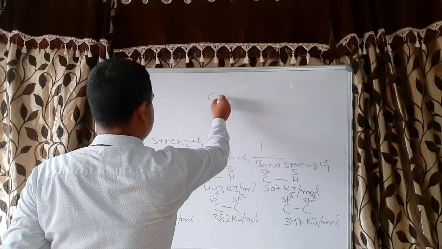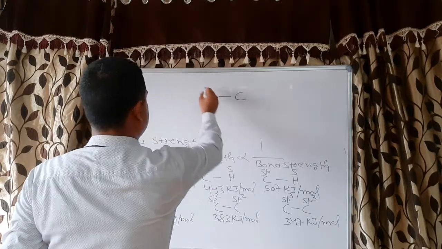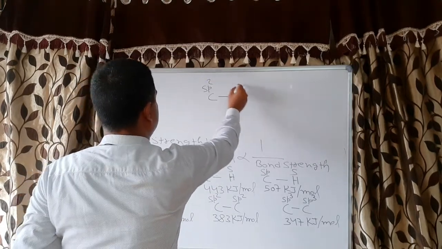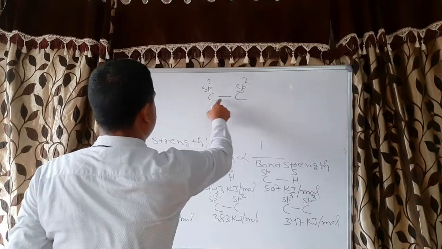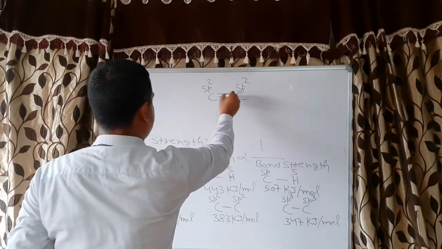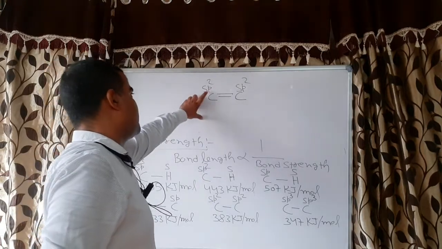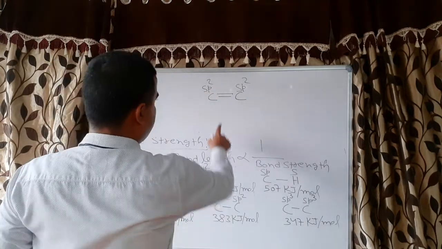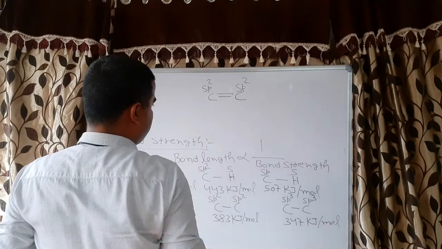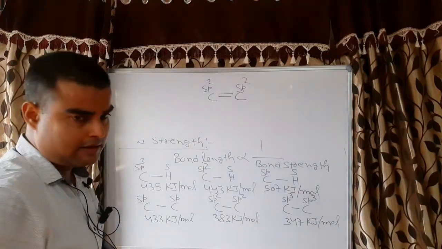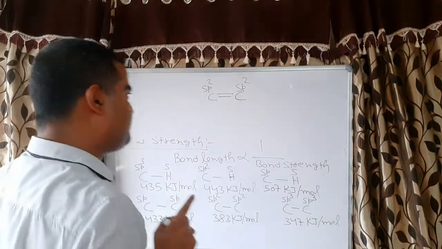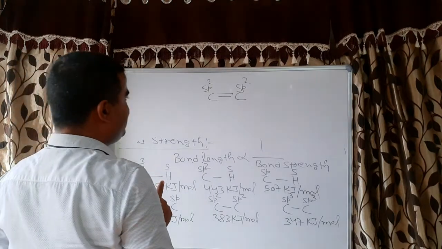So C single bond C, this is sp2, this is sp2, and here one pi bond can come because it is sp2 hybridization, so the remaining unhybridized orbital is 1. When we introduce one pi bond, the energy of 251 kilojoule per mole will be added.